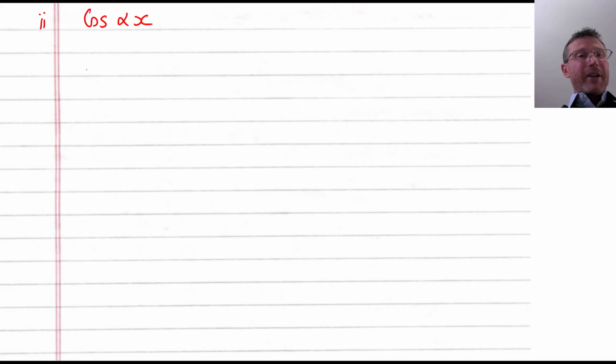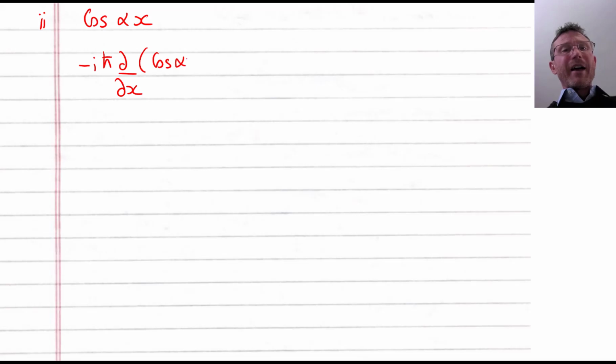We operate on it again. Our operator was minus i h bar d by dx, and we're operating on cosine alpha x. We take the derivative of cosine alpha x, and we get minus alpha sine alpha x.